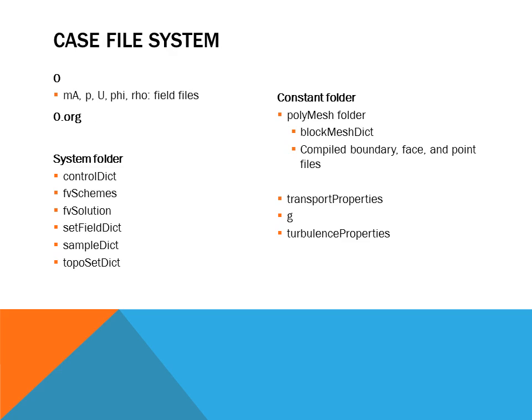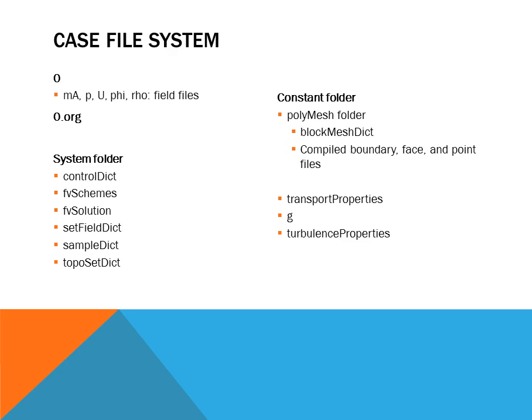So here's a case file system. You're going to have a 0 folder with all your field variables in it and an Allrun file. If you do not have an Allrun file, your quality of life will decrease drastically. Have one. There's a system folder, and that controls all your time variables, all the ways that you want to discretize portions of your equations, like mathematical chunks of your equations.